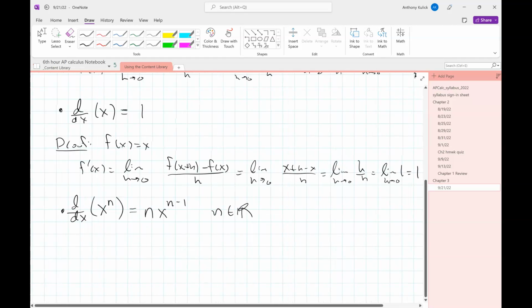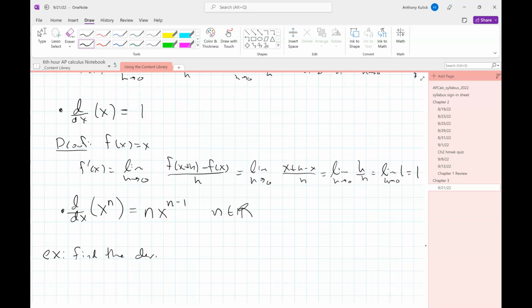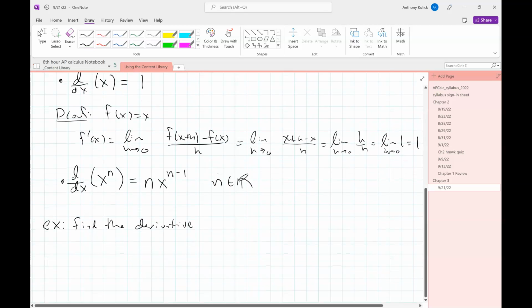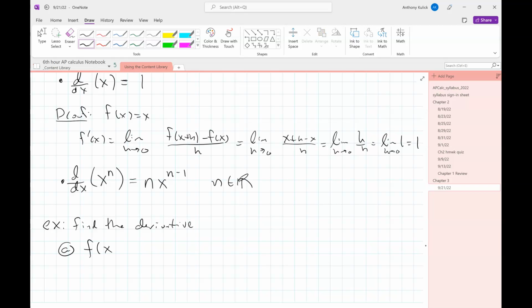Let's take a little time out here now that we've gotten that power rule out and do some practice using that. So if I have f of x equals x to the sixth, what's the derivative of that going to be? 6x to the fifth.